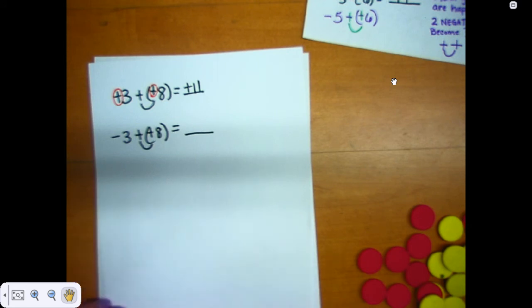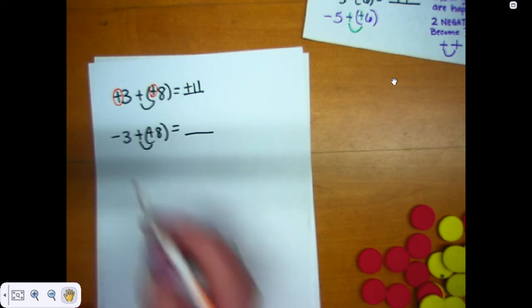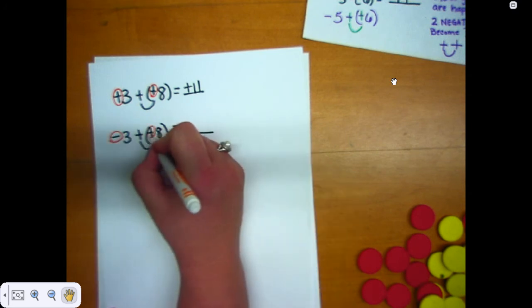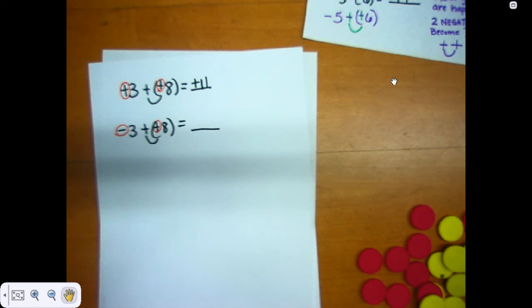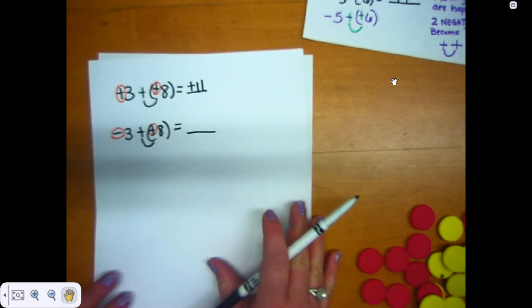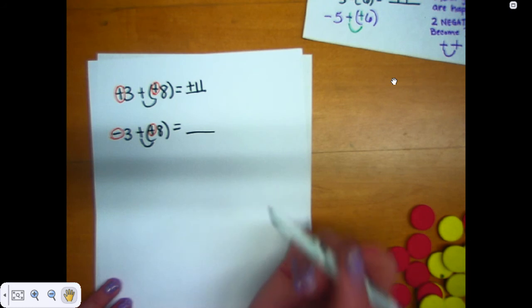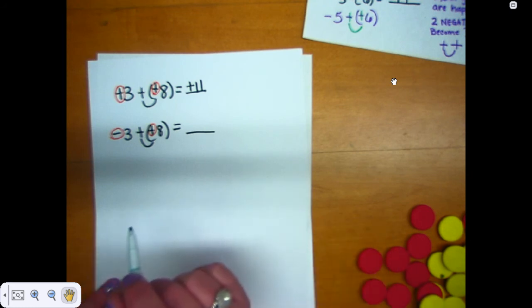Okay, now let's compare our signs. I have a negative and I have a positive. My signs are different. What's different mean? Subtract. So 8 minus 3 is what? 5.